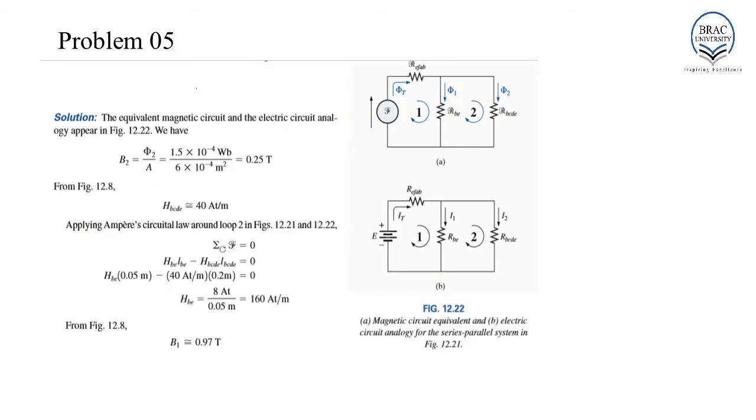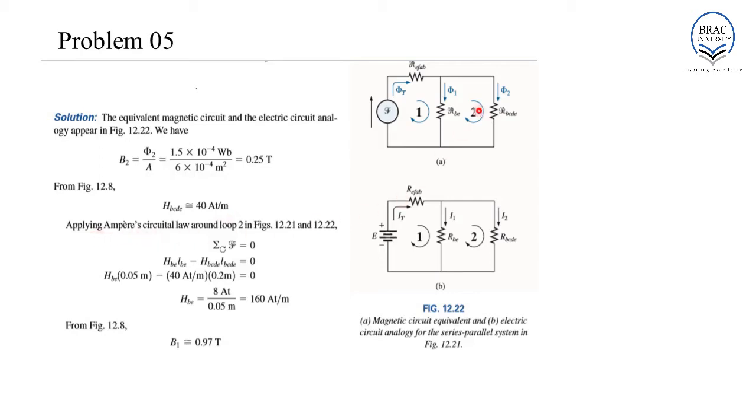The equivalent magnetic circuit and electric circuit analogy are shown over here. We know the value of phi 2 and we know the area of cross section. Thus, we can easily determine B2, which will be equal to 0.25 Tesla. Using the BH curve, we can determine the value of this section, which is equal to 40 ampere turns per meter.